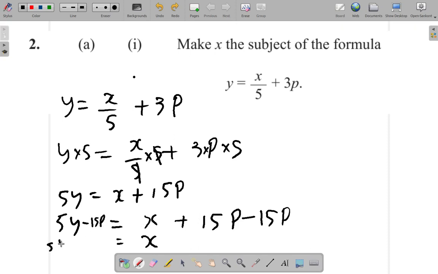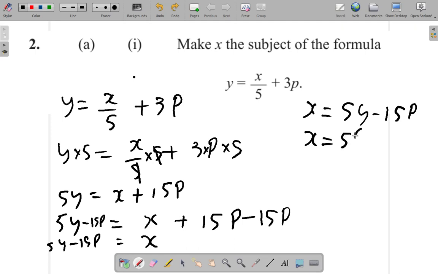So I have 5y minus 15p. So here, what I have is x equals 5y minus 15p. I could factorize and put 5 outside the bracket. Inside the bracket, I have y minus 3p.